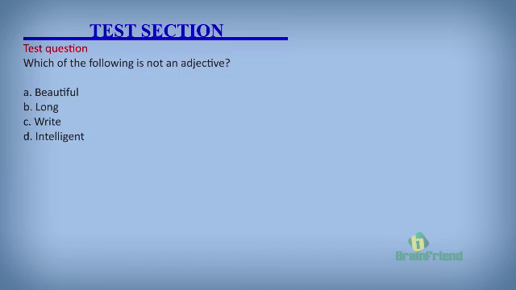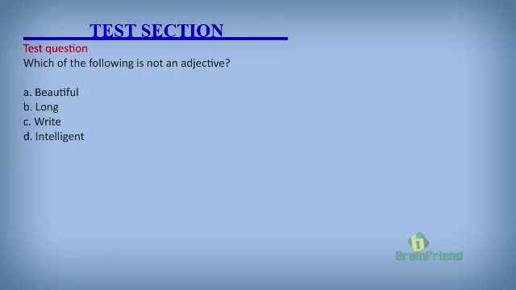Beautiful, is it an adjective or not? It is, because it can describe a noun or pronoun. Long, is that an adjective? Yes, it is. It can describe a noun or pronoun. Right, is that an adjective? Can right describe a person or a thing or an animal?